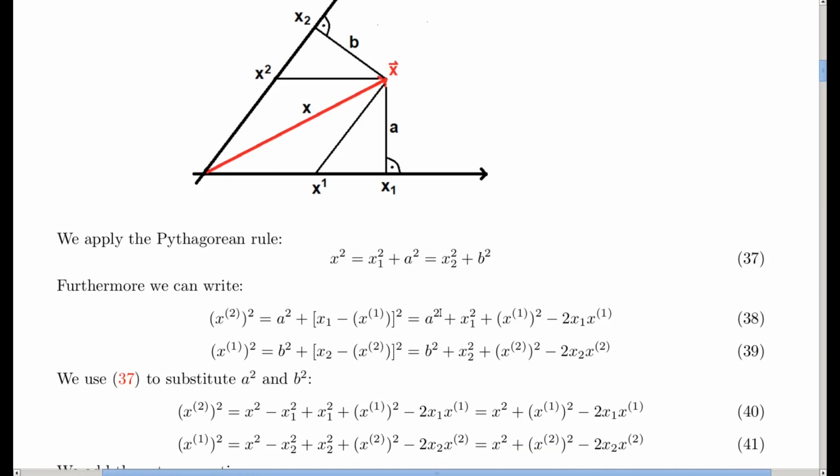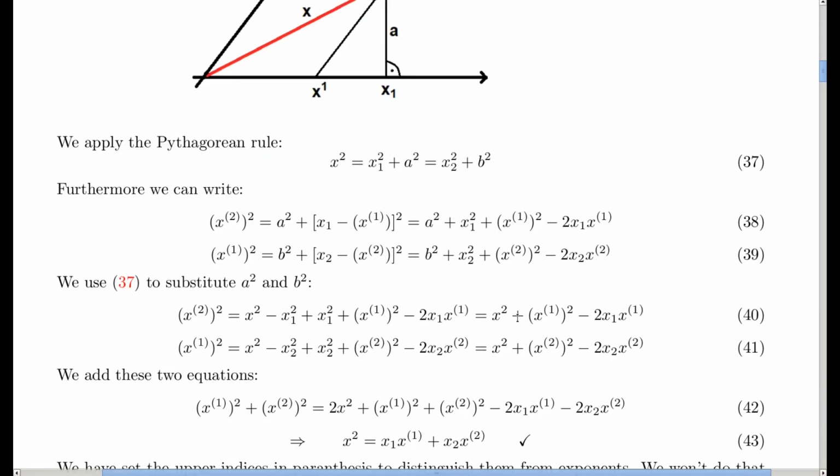And now we don't want to know a and b, so we substitute them using 37. That means a squared is x squared minus x1 covariant squared. So that's what we have set in here, and we do the same in the second equation.